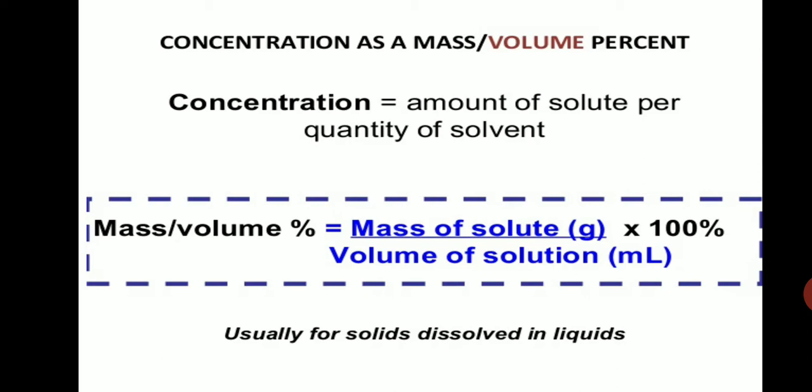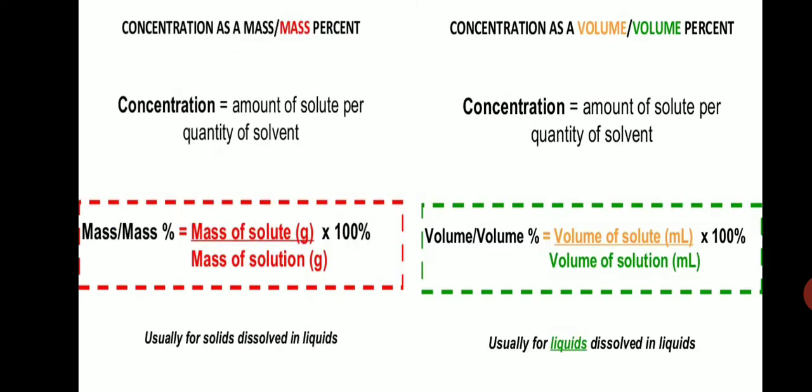Today I am going to discuss the first equation questions, how we find out the concentration of a solution in terms of mass. What's the formula? Mass percentage of a solution is equal to mass of the solute divided by mass of the solution into 100.